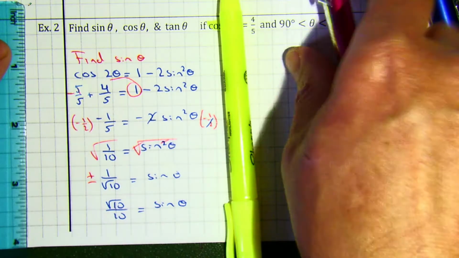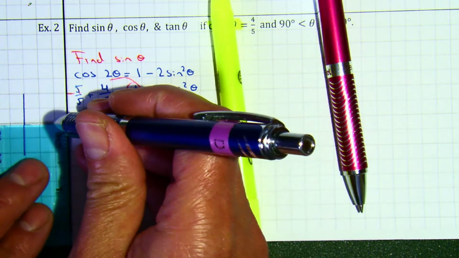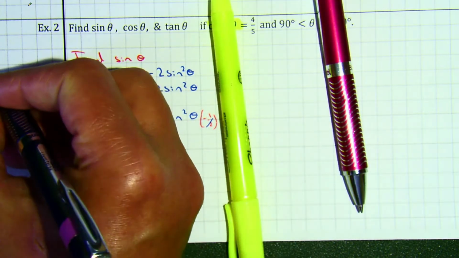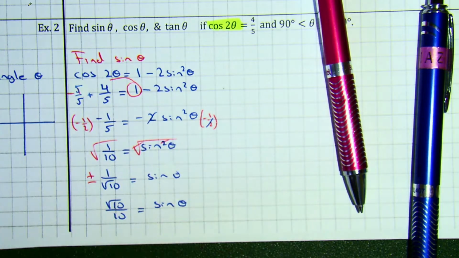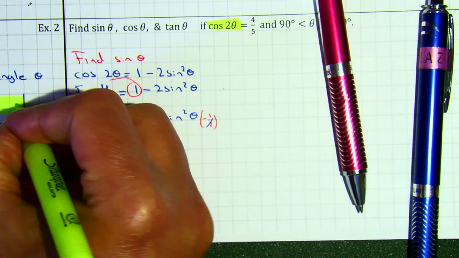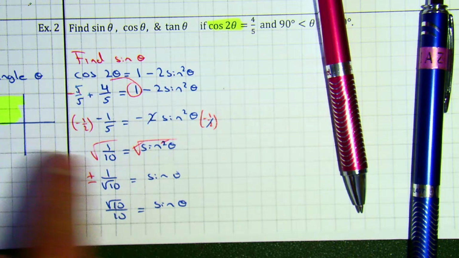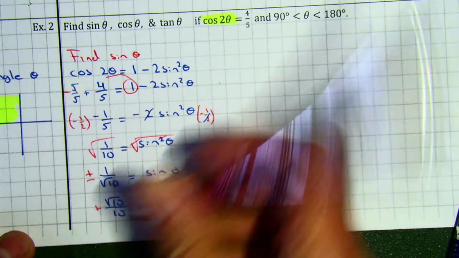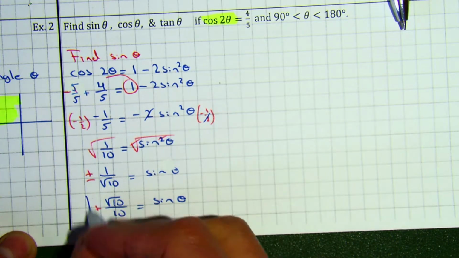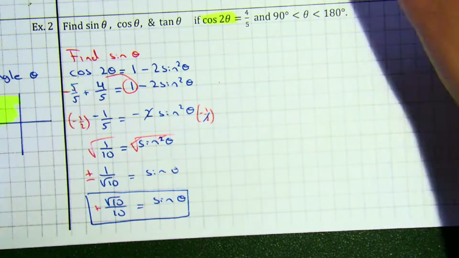So therefore, my angle theta, not 2 theta, but my angle theta is on quadrant number 2. So is my sine positive or negative on the second quadrant? Correct. My sine is positive. So we found the sine of theta. Now we need to be able to find the cosine of theta.